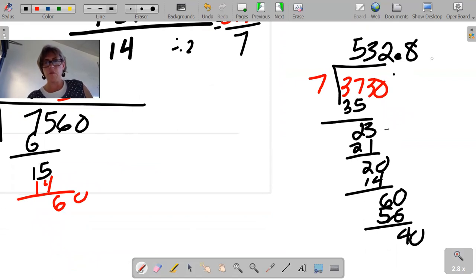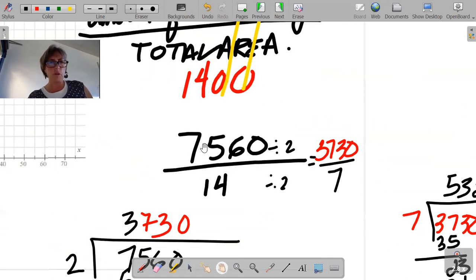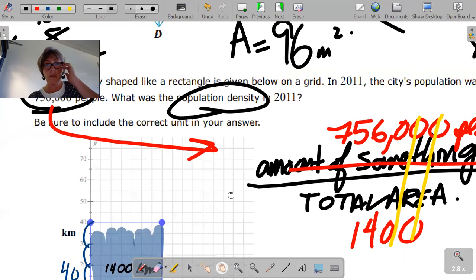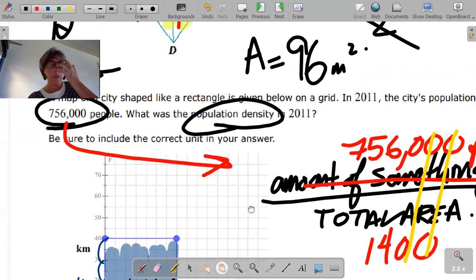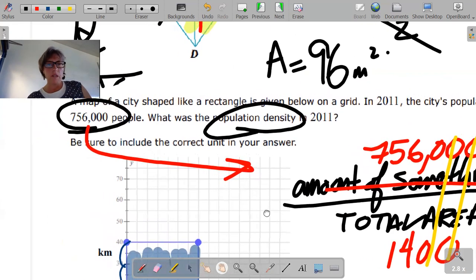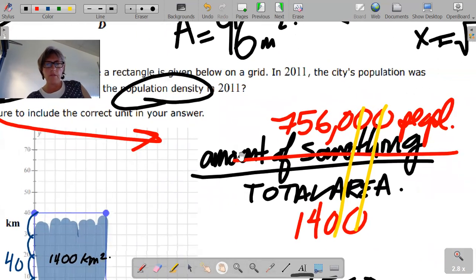And it says right here, where does it want you to round to? Let's double check. Correct units.